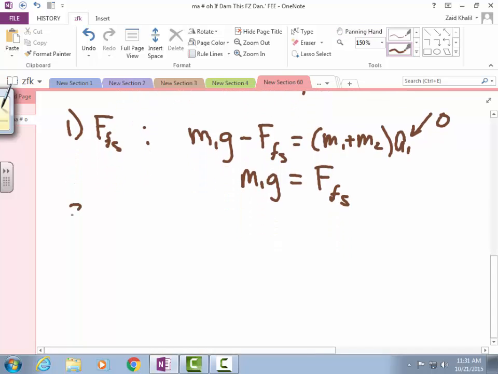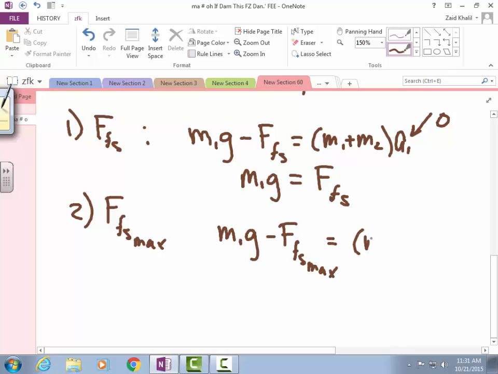So now the second case is FFS max. So for FFS max, what can we do? We can replace FFS with FFS max. We get M1G minus FFS max equals M1 plus M2 times A1. But what's A1?